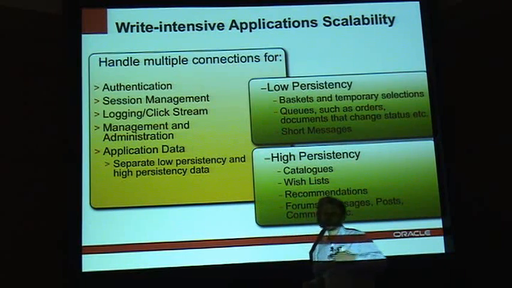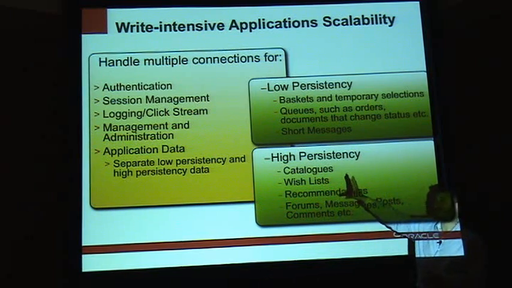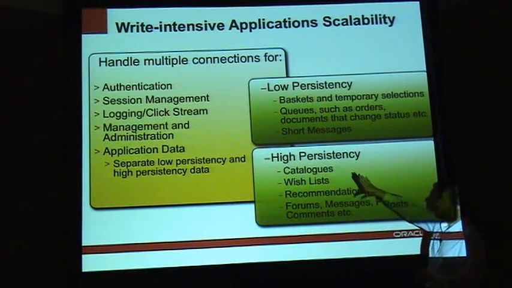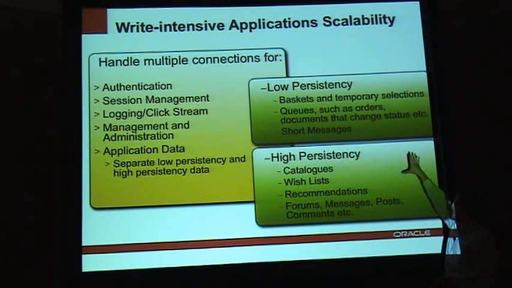But that, again, is just a generic thought on how you can actually scale write-intensive applications. Another important aspect to consider is the use of these connections related to the persistency of your data, on low persistency or high persistency.